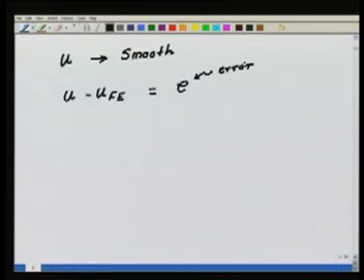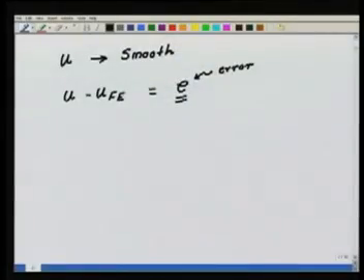So I have put one mesh, I have taken one approximation, solved for the finite element solution, and now I ask, what is the error? This error is represented as E. Now how are we going to measure the size of the error? We said the size of the error will be measured in terms of the square root of some factor into the strain energy of the system.